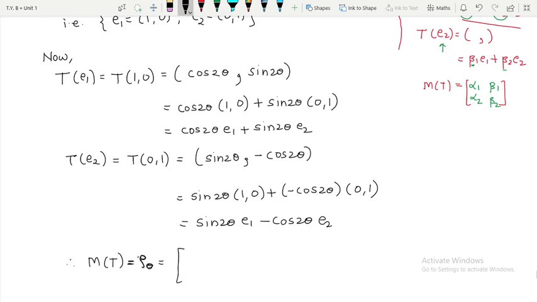So what will our matrix be? The first column will be cos 2 theta, sin 2 theta. It comes from here, right? And the next column will be sin 2 theta, minus cos 2 theta, and this is nothing but our matrix of reflection, or reflection matrix.